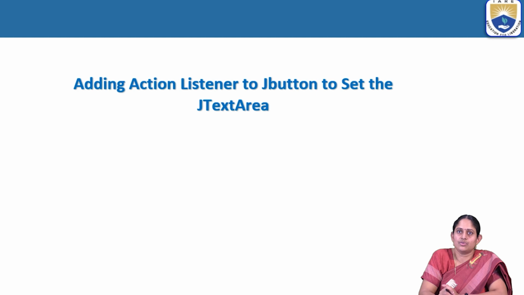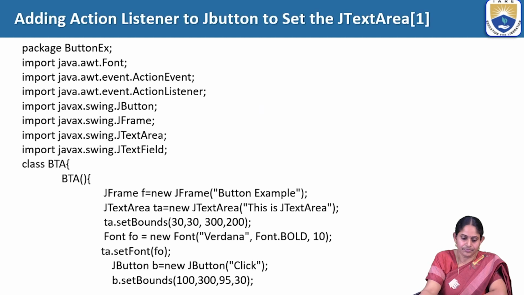Next, let's look into the action listener wherein when the button is pressed, it is setting the text area. So here in our example, we have the class BTA and we are importing all these packages.